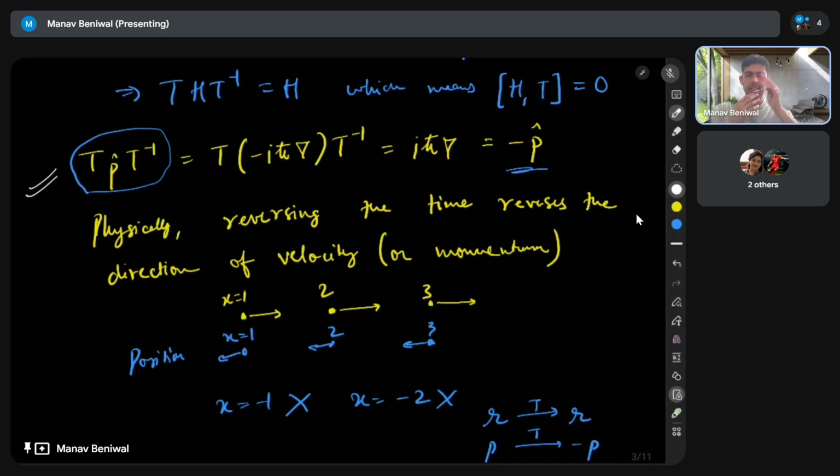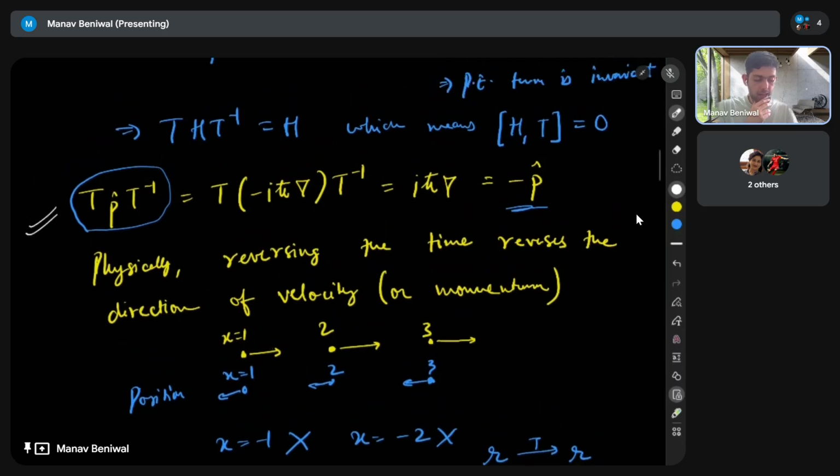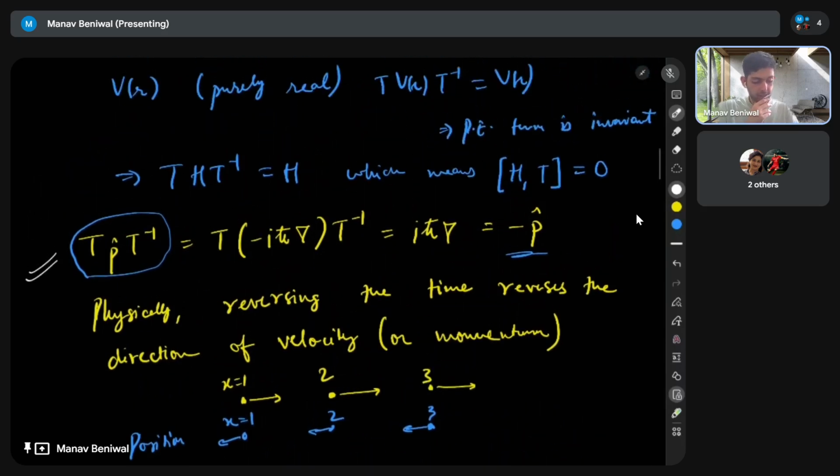Physically, this means that if you reverse the time, you will think that a particle is moving in the opposite direction, right? So it has a negative momentum, right? The opposite momentum. Okay. But since r is real, we will not have this because there is no iota. Okay, let me erase all these things.